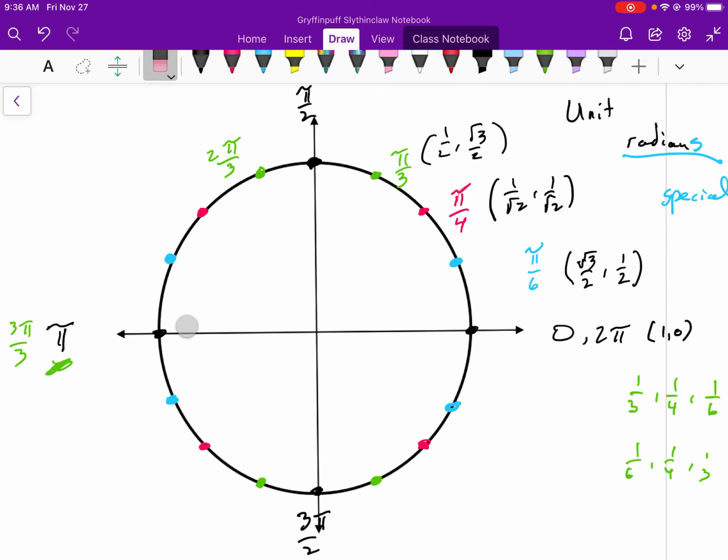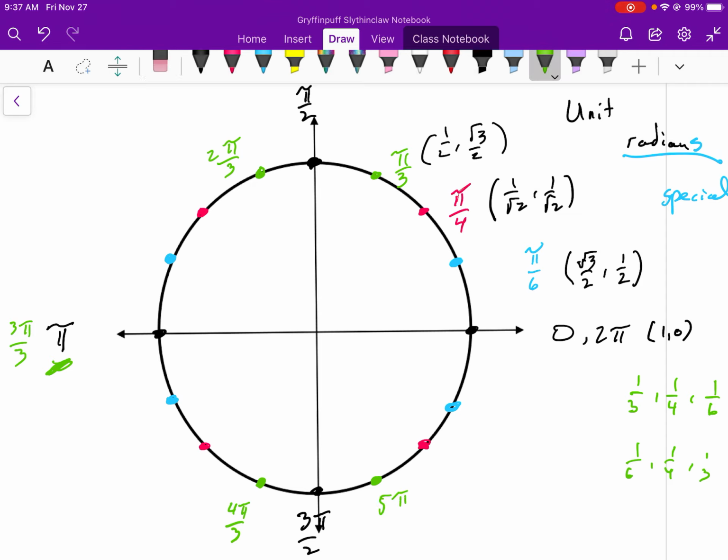Well, I can go 3 pi over 3 minus 1 pi over 3, and that gives me 2 pi over 3. Whereas this bottom angle is 4 pi over 3. How did I get that? Well, 3 pi over 3 plus 1 pi over 3 is 4 pi over 3.